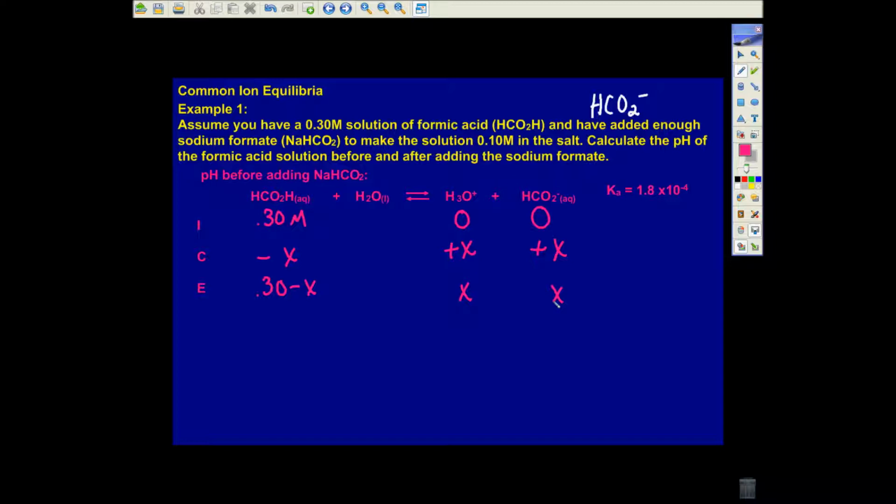I'm going to take this and plug it into my expression for the Ka. The Ka expression is going to be the concentration of the hydronium times the concentration of the formate ion divided by the concentration of the formic acid.